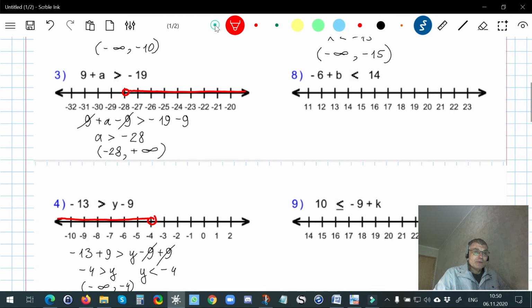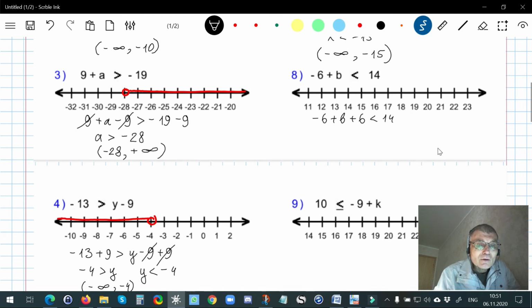Here, number 8. In number 8, we have to isolate b. I am pretty sure you know what to do. It's negative 6 plus b and plus 6 to cancel. Negative 6. It's 14 plus 6. We cancel negative 6. Here we go. That's our answer. It's b is less than 20.